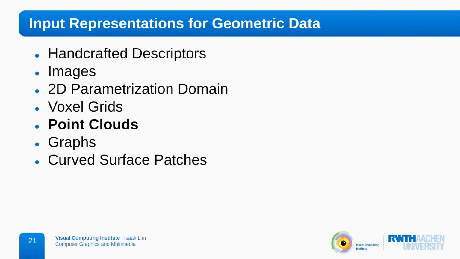And on the other hand, we have fairly low input requirements if we consider point cloud samplings of 3D shapes. So unlike, for example, the parameterization domain approaches, we do not care too much about the quality of the input shapes as long as we can represent them well by a point cloud. We forgo any connectivity information at all.